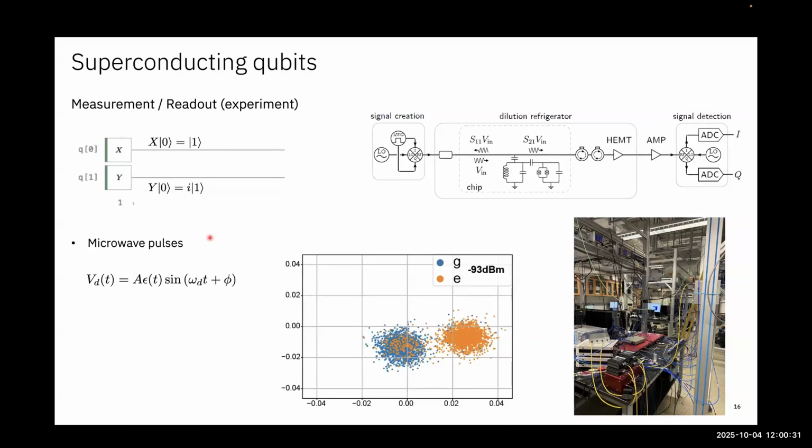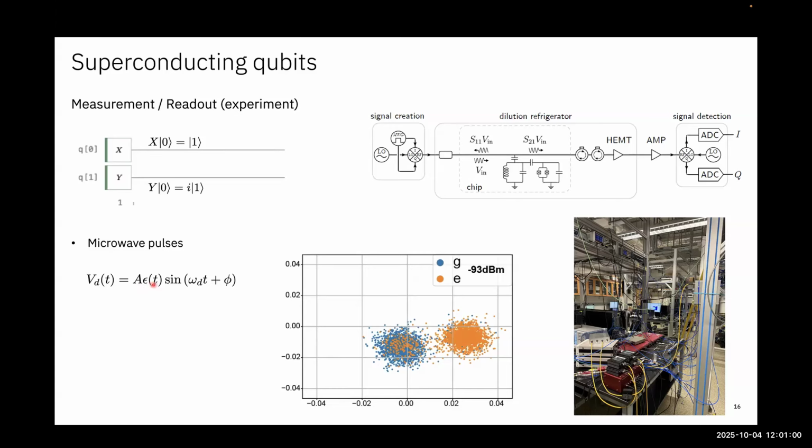To perform gates, what you are really doing is sending microwave pulses. You can't see anything here, but for example, this thing that you have here is a microwave generator. It generates a signal at a particular frequency, and that is exactly how you implement your quantum gate. You are sending a microwave pulse with a specific amplitude.